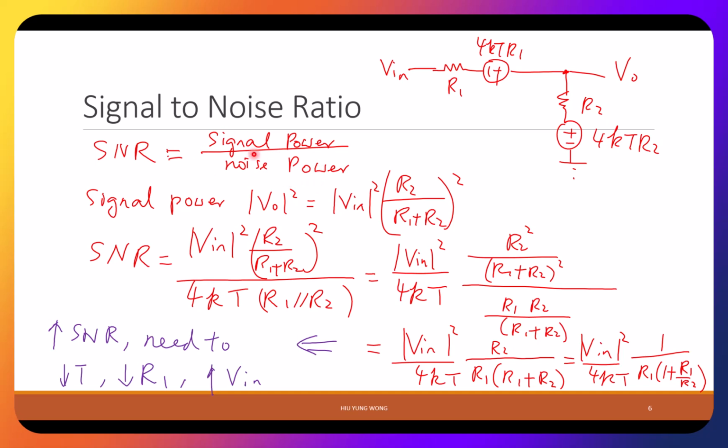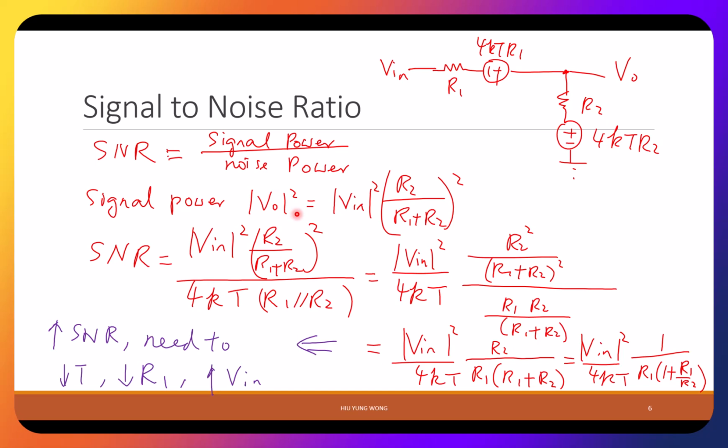And this is the definition. Memorize it. But what is signal power? Again, it's just the voltage squared. Last time we talked about this already. A real power is going to be V squared over R, but here we don't do that. Why? Because we normalize it to 1 ohm, so we don't even consider the unit.